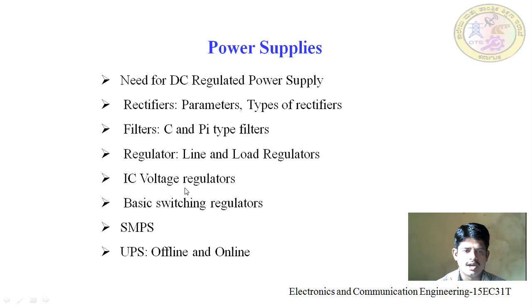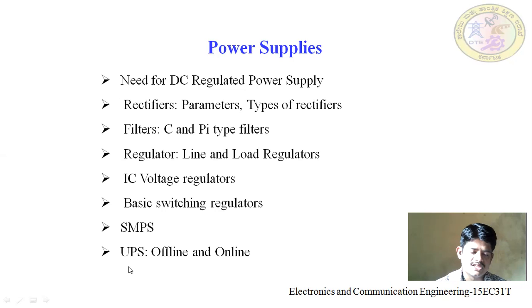Then we will learn about the IC voltage regulator, which means regulation can be obtained by using ICs. In this session we will learn the available ICs for voltage regulation. Then we have basic switching regulators, and SMPS, that is switch mode power supply.